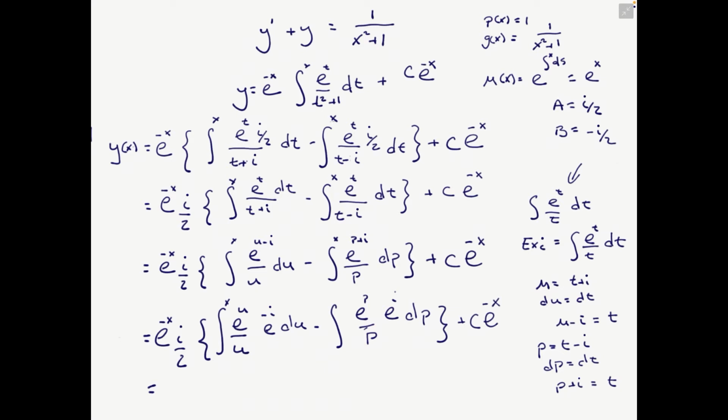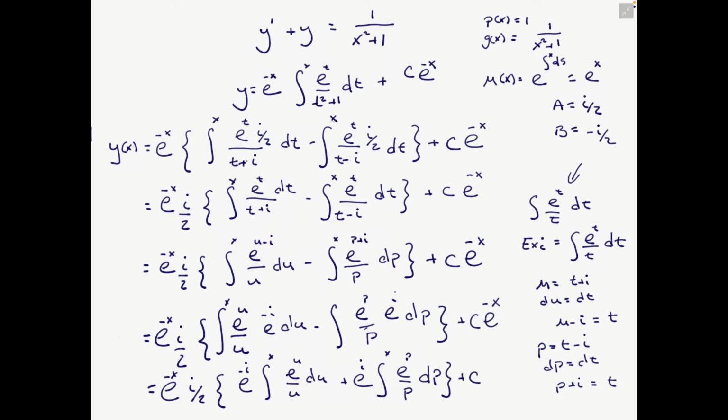So we have this, e to the negative x, I on 2, e to the minus I, x, e to the u on u du, plus e to the I, e to the p on p dp plus c e to the minus x.